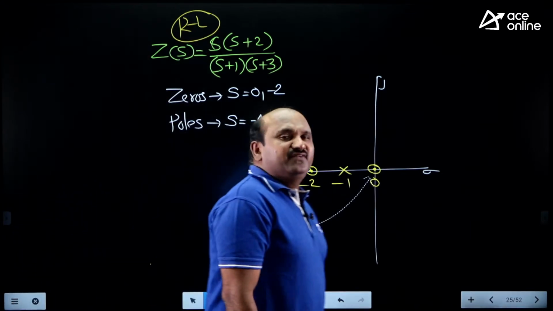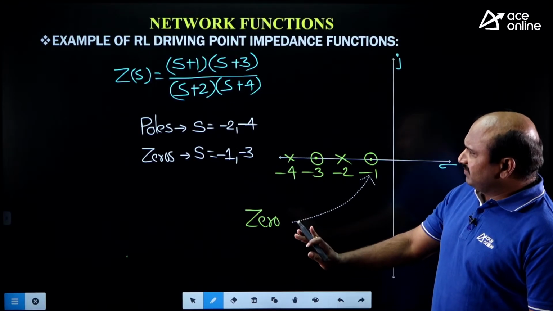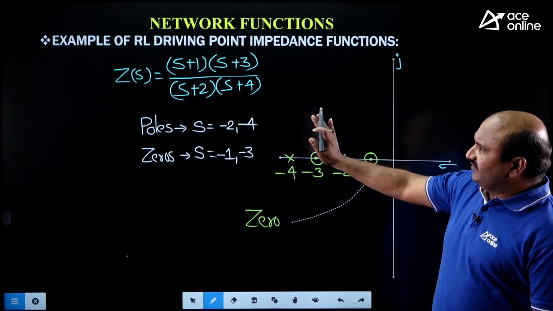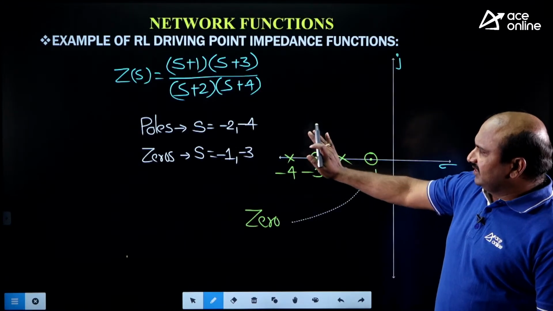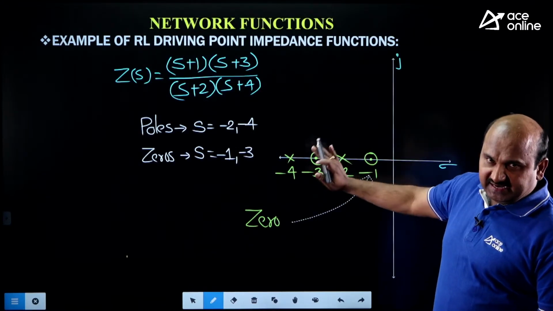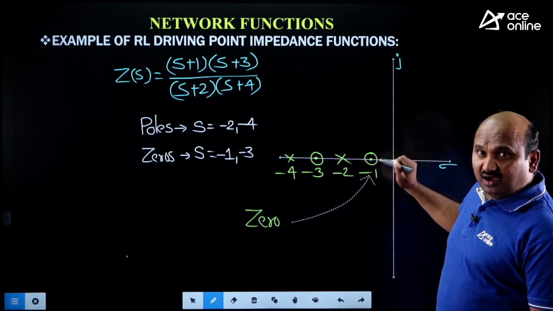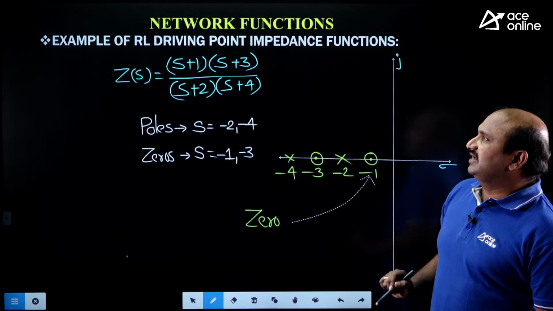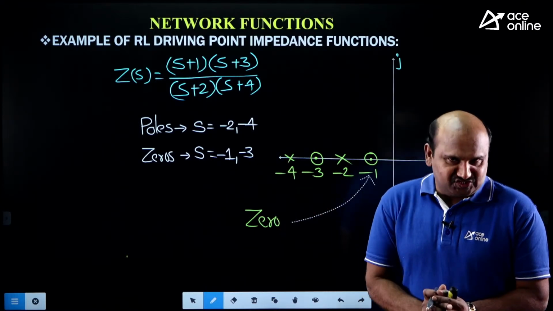Just remember guys, for RL driving point impedance function, poles and zeros are alternate and they lie on the negative real axis, and nearer to origin is zero, or at the origin zero should be there. This is about the RL driving point impedance function.